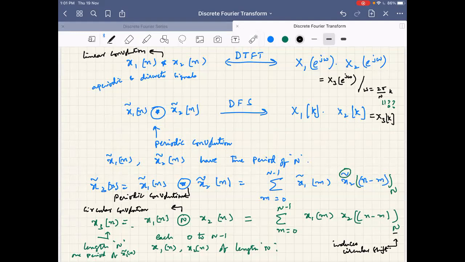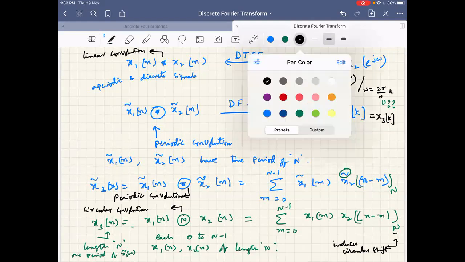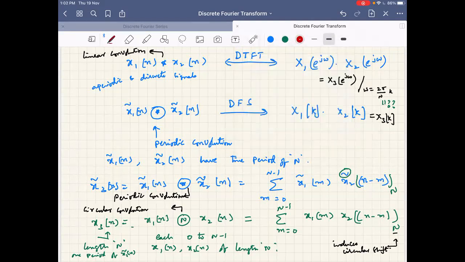Okay, the next subsequent question is, let me write the title of this slide as convolution.